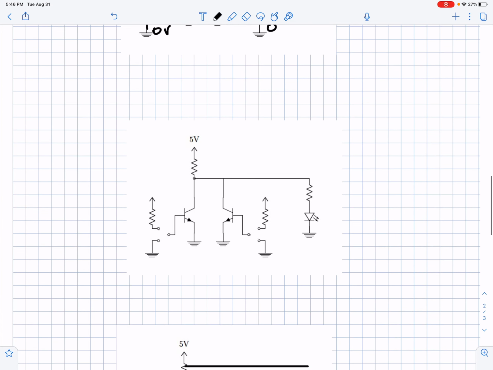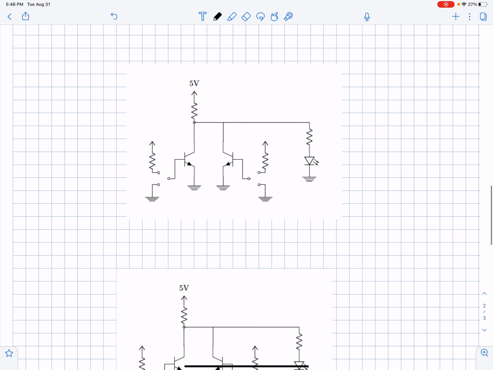Okay, combination 2, I do 0, 1. Okay, so this is 0, this is 1. Okay, because this is 0, this would be an open. This would be a short. Okay, so from there you can say, well, if I'm current, I'm going to go here.